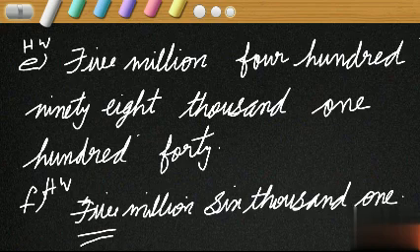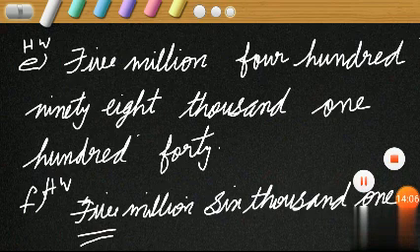Very important. 5,006,001. In the thousands period we should have 3 places. In the ones period also we should have 3 places. Okay. Try to do. And let's move on to our next question of today. Write down the next question.